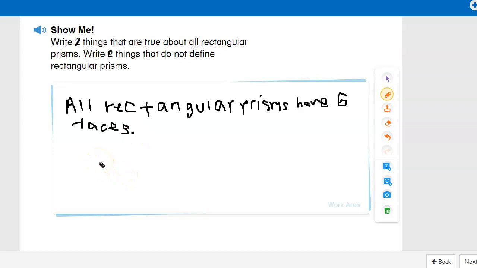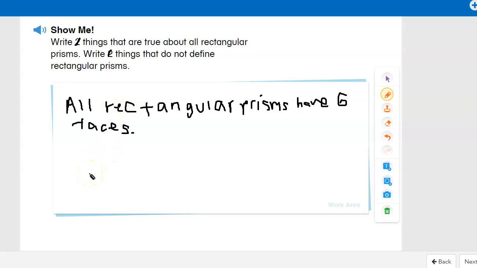Okay, so what's one thing that does not define rectangular prisms? Let's think about things that do not define them. Some things that do define a rectangular prism are their six faces, and you could have also said their vertices, how they have 8 vertices. What's something that does not define all shapes or all rectangular prisms?